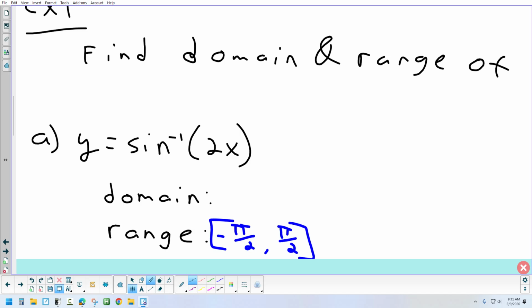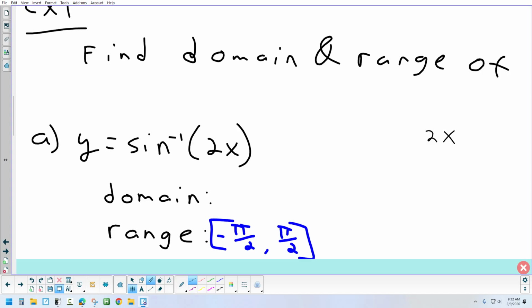Let's see. So we're going to start with the 2x in the middle. Can somebody else set up the rest of my inequality to find the domain? 1 is greater than or equal to 2x, which is greater than or equal to -1.